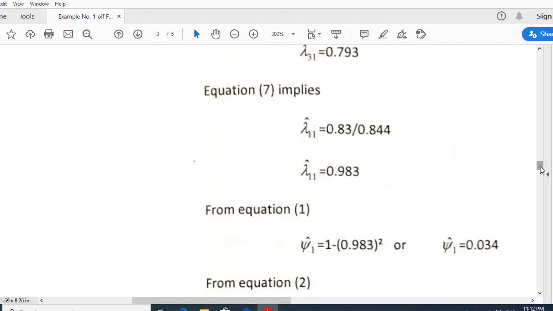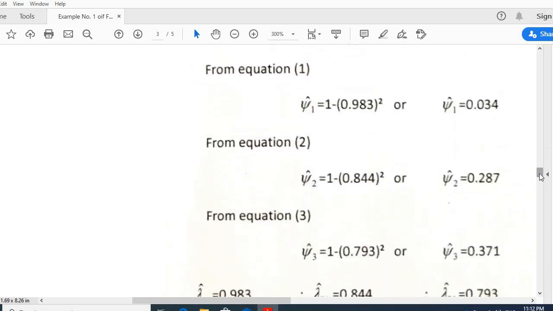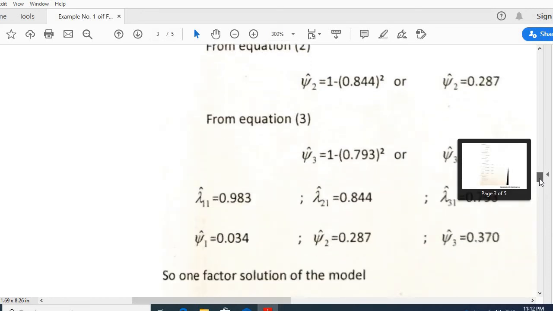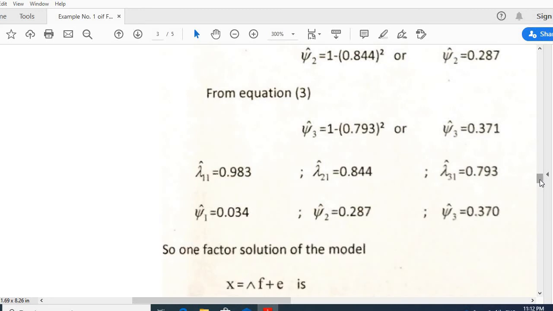Similarly, psi 1 hat is equal to 0.034, psi 2 hat is equal to 0.29, and psi 3 hat is equal to 0.370. We simply solved the above 6 equations simultaneously and obtained these values.